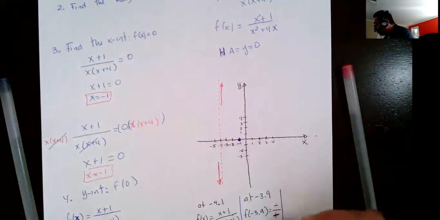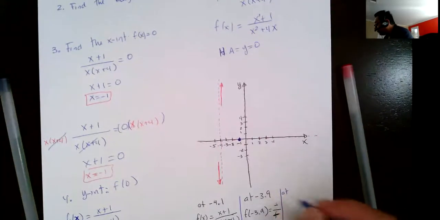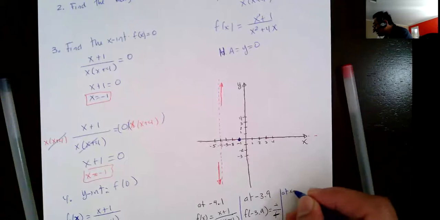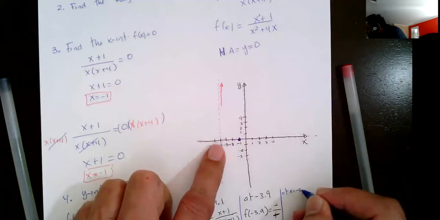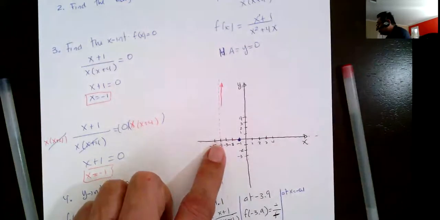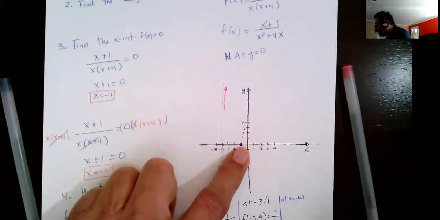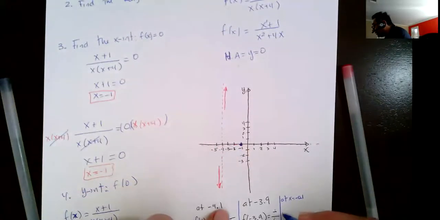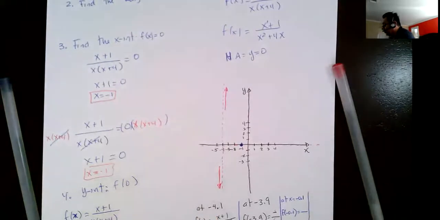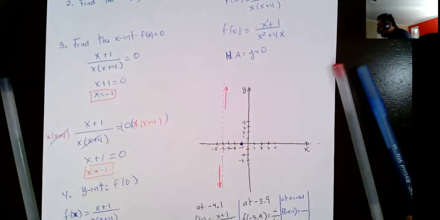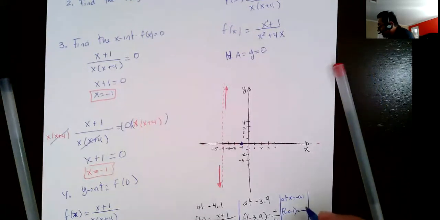And we're going to do it at x equals negative 0.1, very close to x equals 0. Let's see what the signs are there. f of negative 0.1. What would be the signs there, you guys? All right, let's plug in negative 0.1 in the numerator. That will be a positive in the numerator, right, everybody?